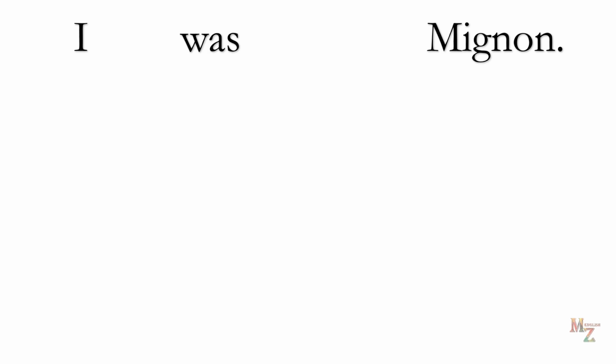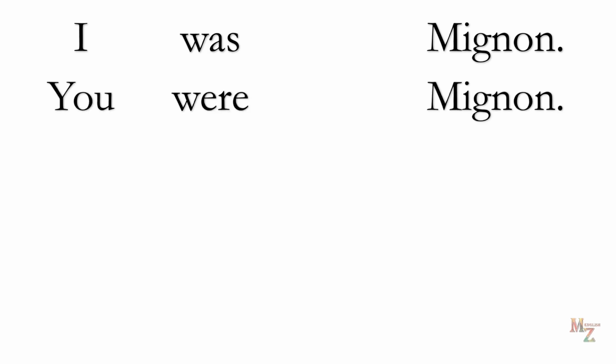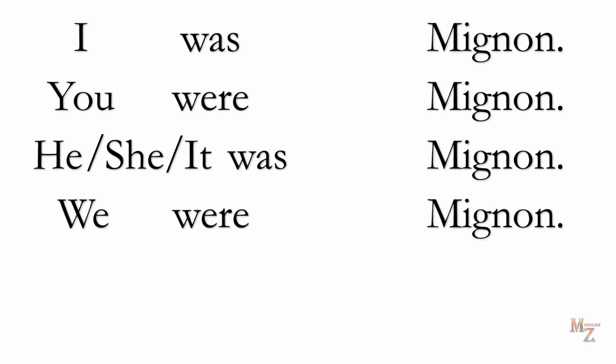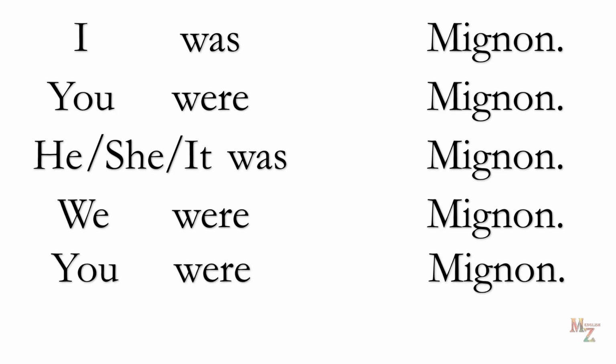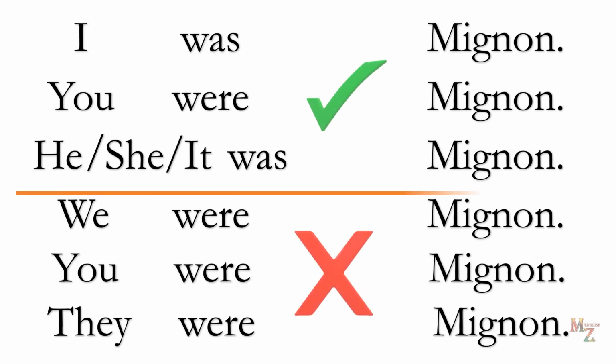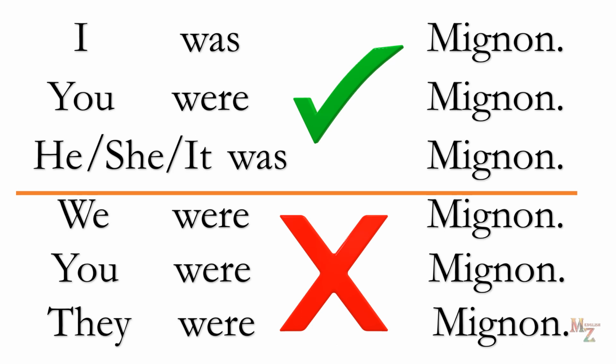Take a look at these. I was Mia. You were Mia. He, she, or it was Mia. We were Mia. You were Mia. They were Mia. Because Mia is one person, we cannot say we were Mia, you were Mia, they were Mia.